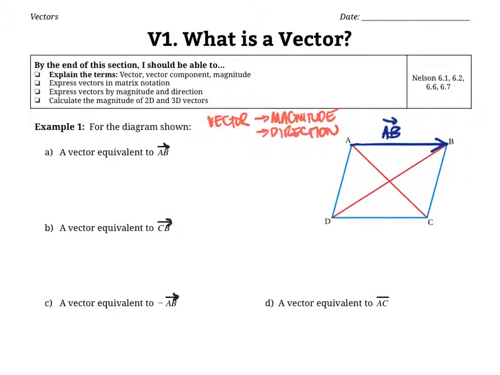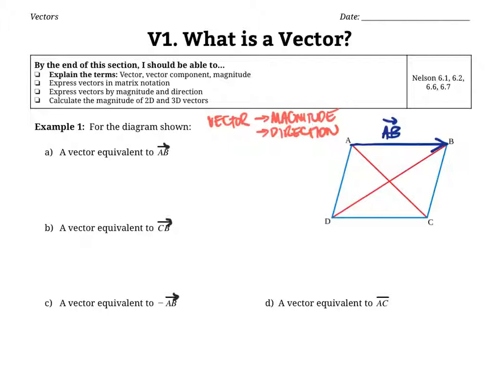So if we're looking for a vector equivalent to AB, this vector right here, we're essentially looking for one that has the same magnitude, and the way that it's represented is a length. So which vector has the same length as AB and is going in the same direction? So think about it for a second. What vector here could we make that has the same direction and the same length?